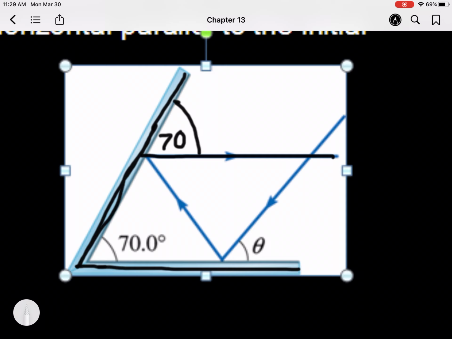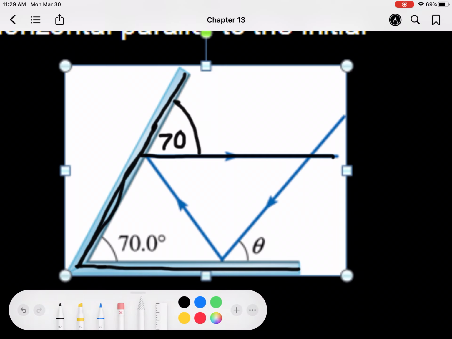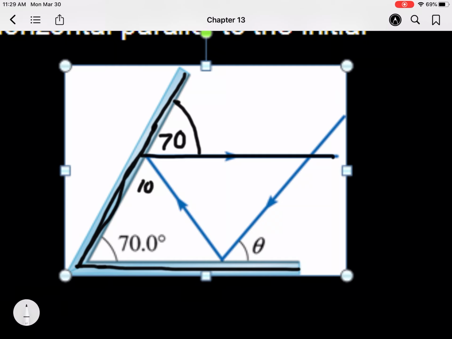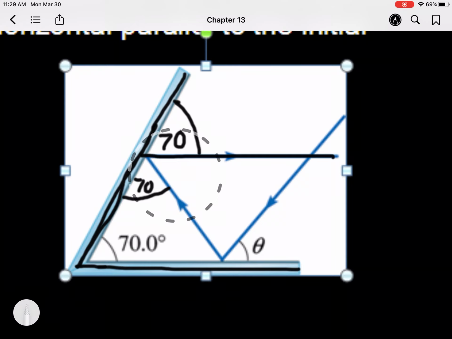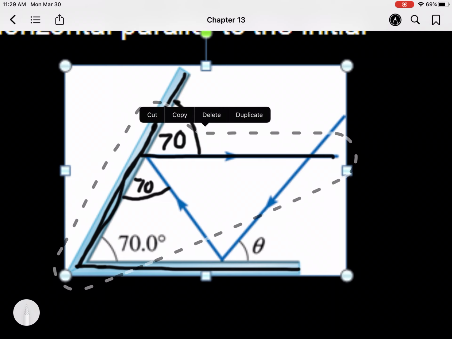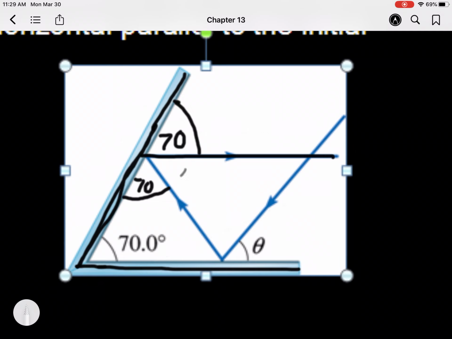Due to the law of reflection, this angle must also be 70. Now you're going to say, you just said you have to measure from the normal. If I measure from the normal, both of these angles are going to be 20, which tells me that this is 70.